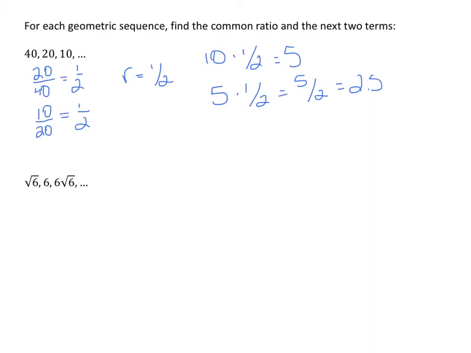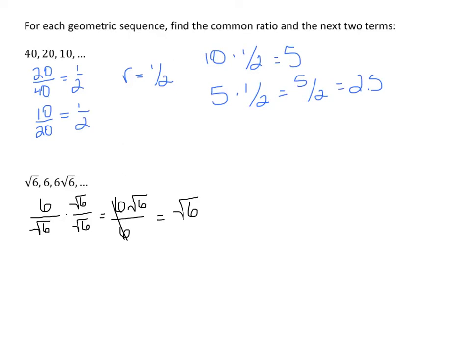The next one is definitely more of a challenge to see, but we really can use the same process. We can say 6 divided by the square root of 6. We, of course, have to simplify this. And the ratio there is square root of 6.